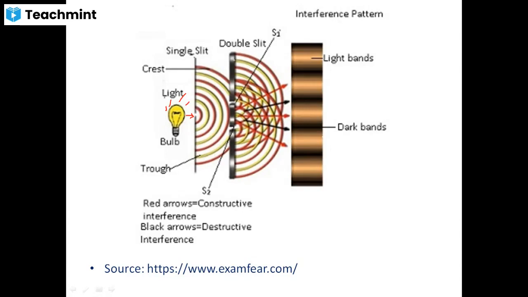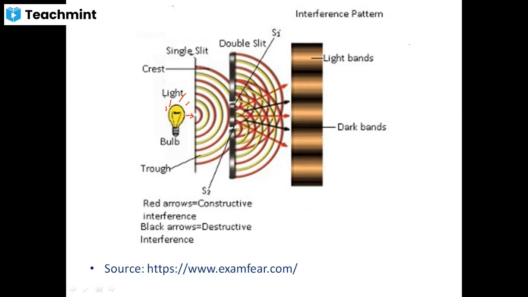Then we keep one more slit having two holes, called a double slit, one opening here and one opening here. From one hole we get one spherical wavefront, and from the other hole we get another spherical wavefront. These two wavefronts overlap with one another. When they overlap, they may undergo constructive interference, giving rise to a bright fringe, or destructive interference, giving rise to a dark fringe.